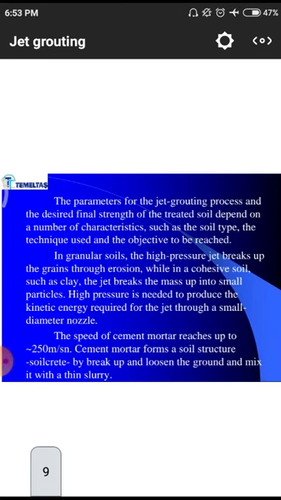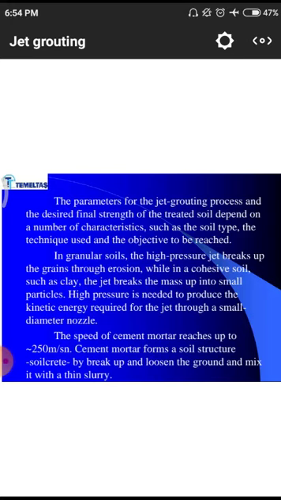Next are the parameters for the jet grouting process and the desired final strength of the treated soil, depending upon the different characteristics. We have different soils with different behaviors, so according to those soil properties, behaviors and problem conditions, we have to choose the material and adopt those conditions on site.